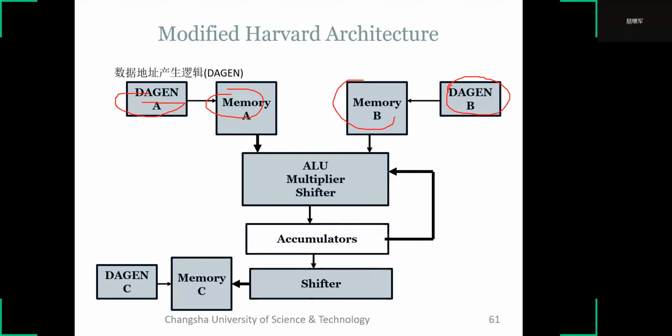So the multi-pair buses feed the ALU, this accumulator serves the A and B, then shift, and move the result to memory C. So there is different memory for the calculation.